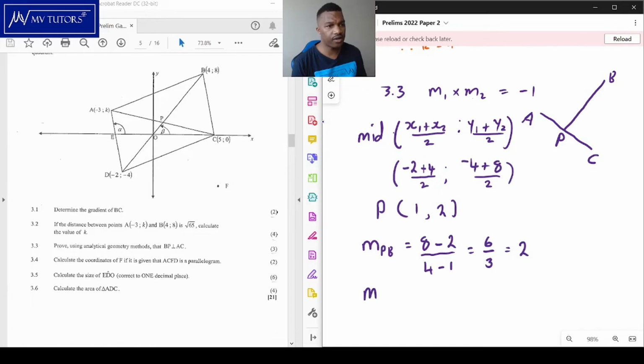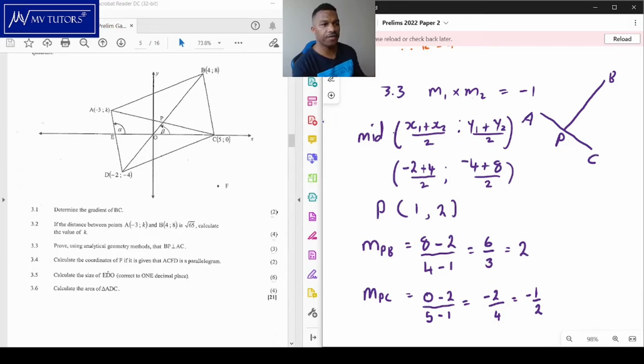And now I need the gradient of PC. PC is 0 minus 2 divided by 5 minus 1. So this is -2 divided by 4, which gives you -1/2.